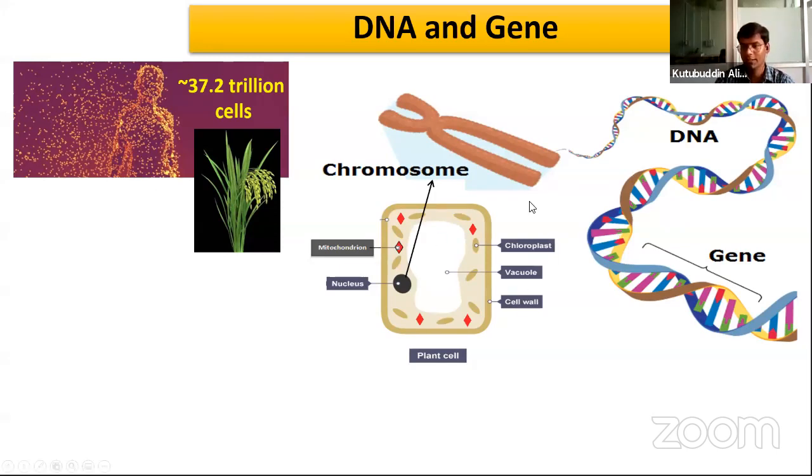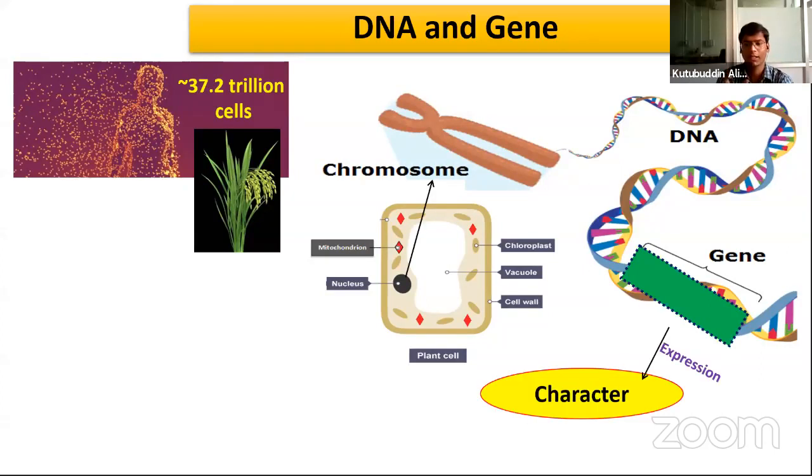If you see this DNA, the whole long thread is not that important, but some portions of that DNA are important. This functional portion of DNA is called a gene, and this gene governs a character by expressing mRNA and protein. So a functional unit of DNA is called a gene, which governs a character.